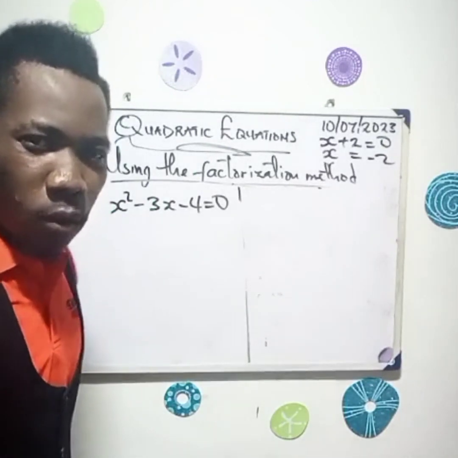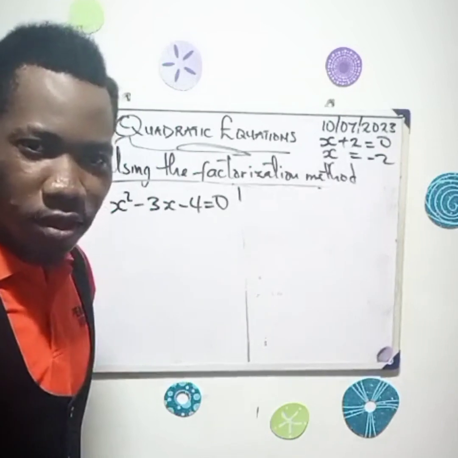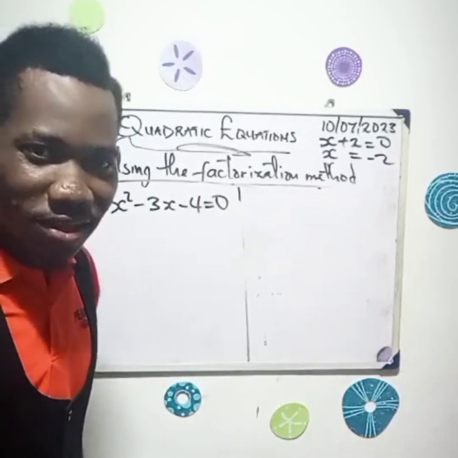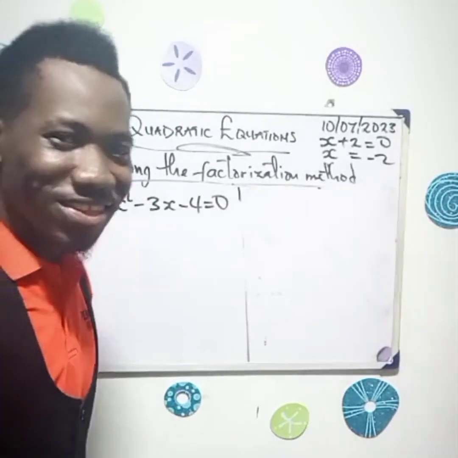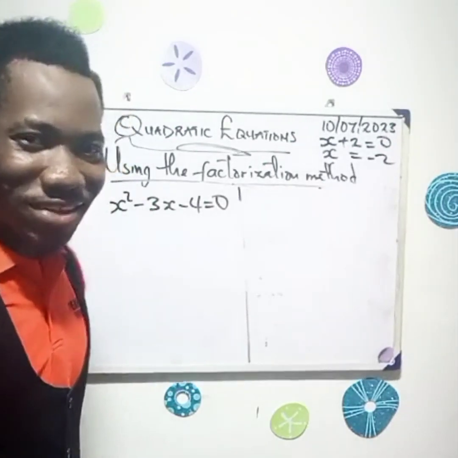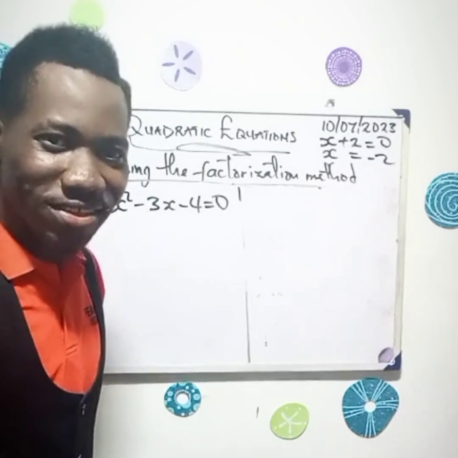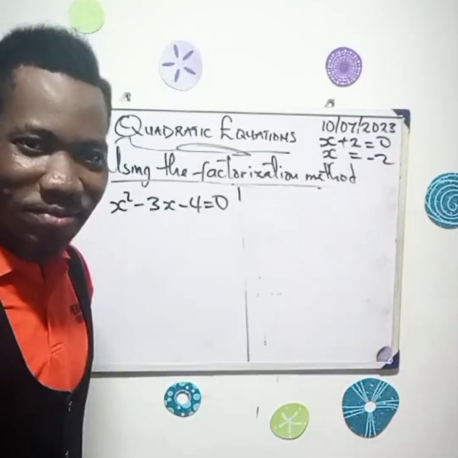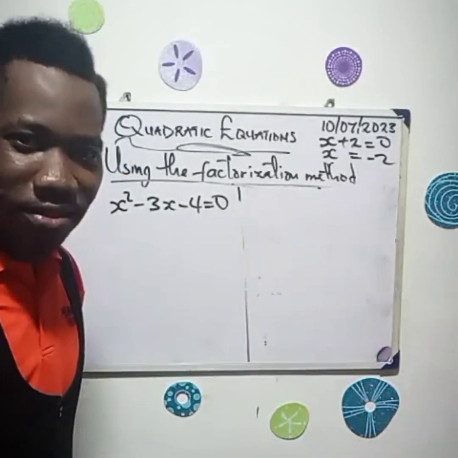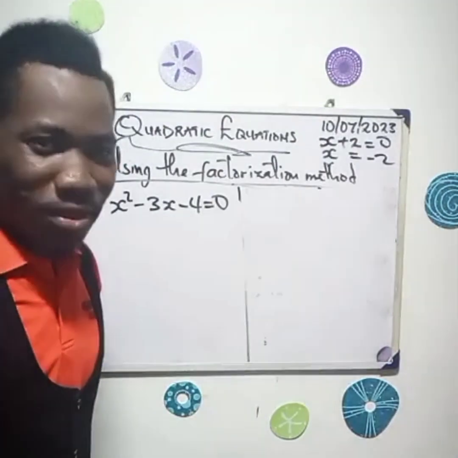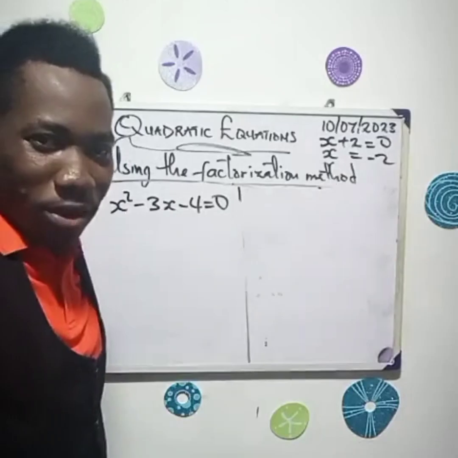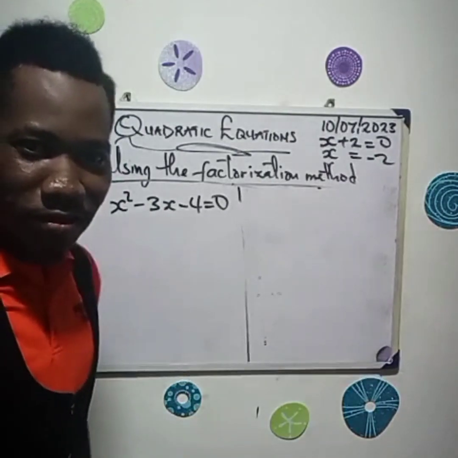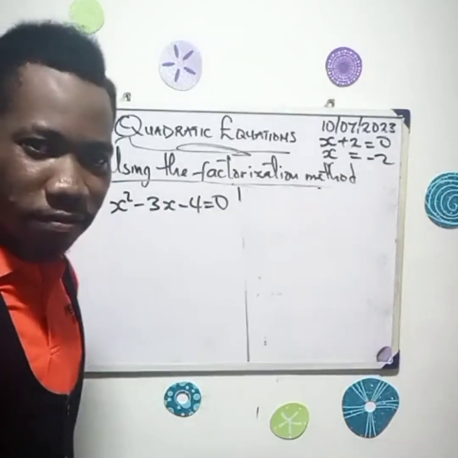Hello, good evening to you, welcome. Minus 4 times 1. Okay. Yes, that's why my hands are in my pocket. I'm waiting for it. What are we going to do?